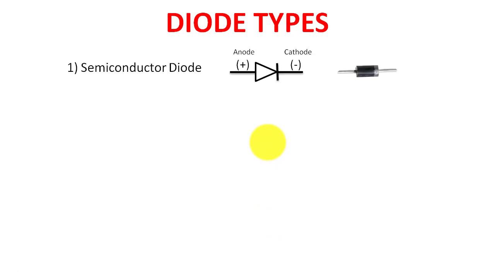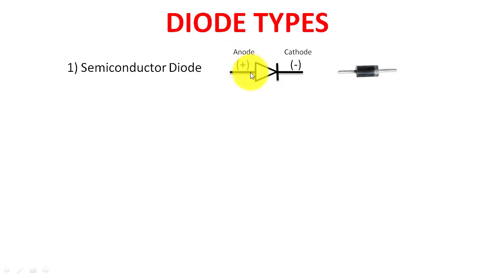Now we'll see the types of diodes. How many types of diodes are there? We'll discuss now. The first is the semiconductor diode. It is very important, and it is a normal diode. As I discussed, the anode is the positive point and the cathode is the negative point.